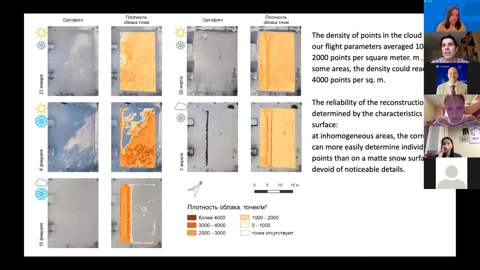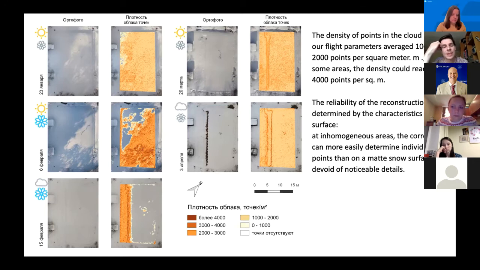The first result, the density. We use the flight parameters of the drone, and the flight height was about 30 meters above ground, and we acquired on average 1,000 to 2,000 points per square meter. So the resolution was pretty high.